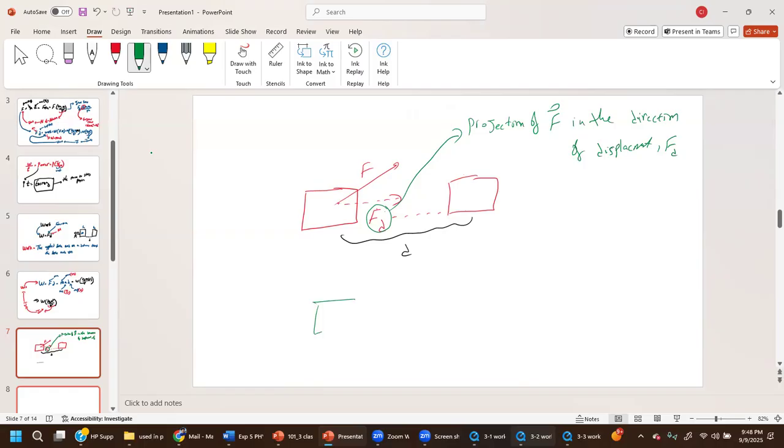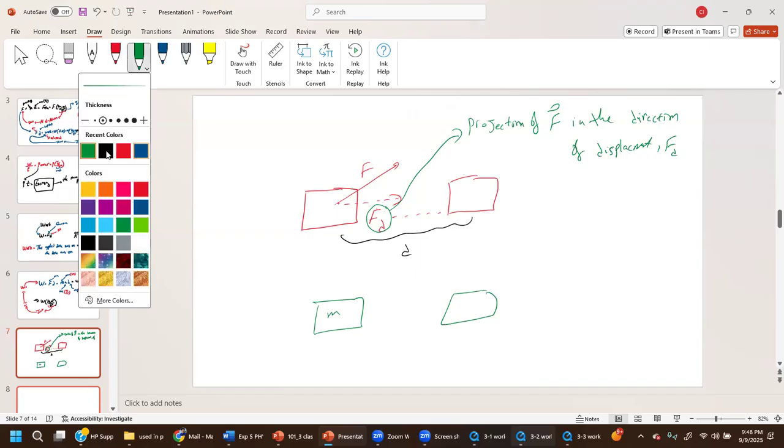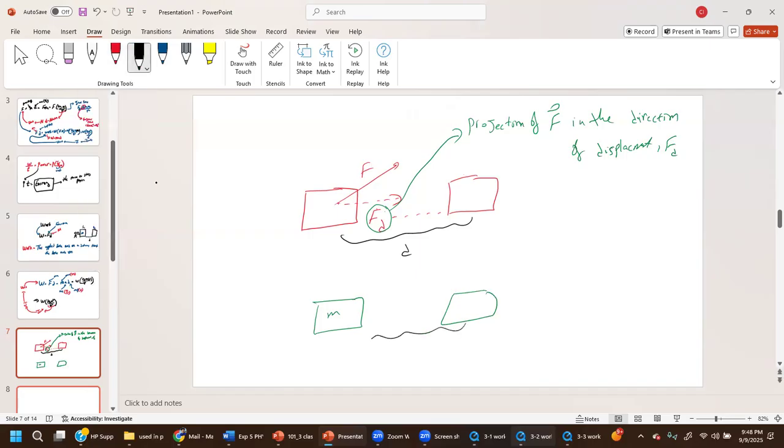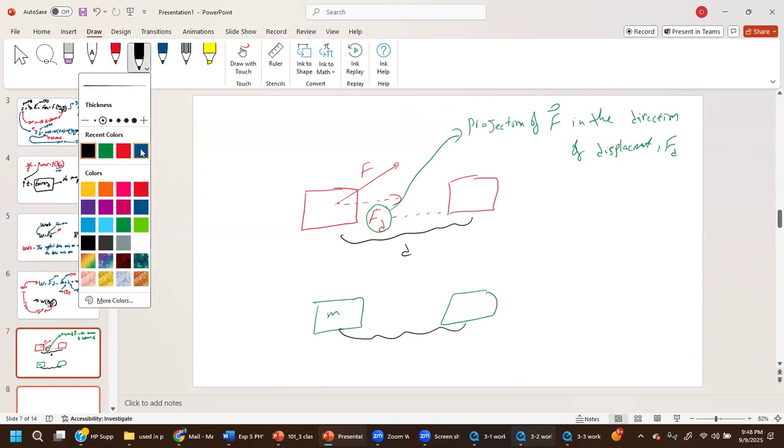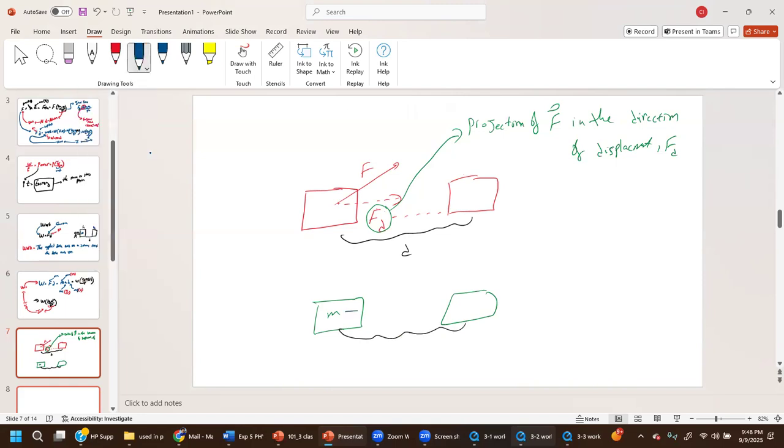Normally, you have an object with mass m. Let's say this is the same distance d, but this time the force is only directed parallel to the surface, where your work equals your force times your distance. So this is going to be higher than the portion that's only parallel to the surface.